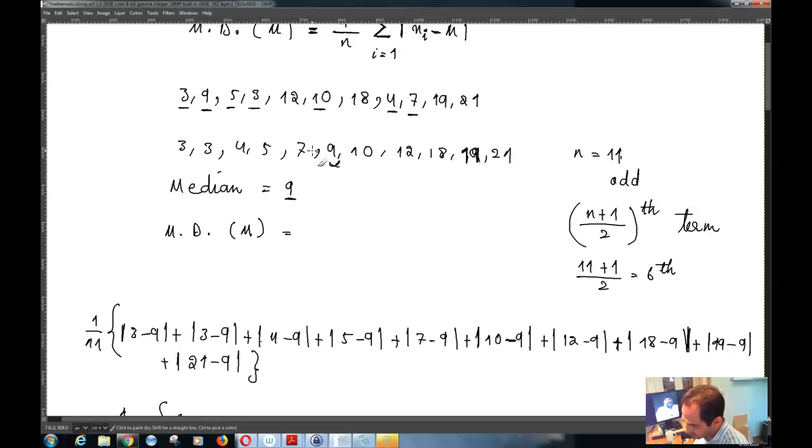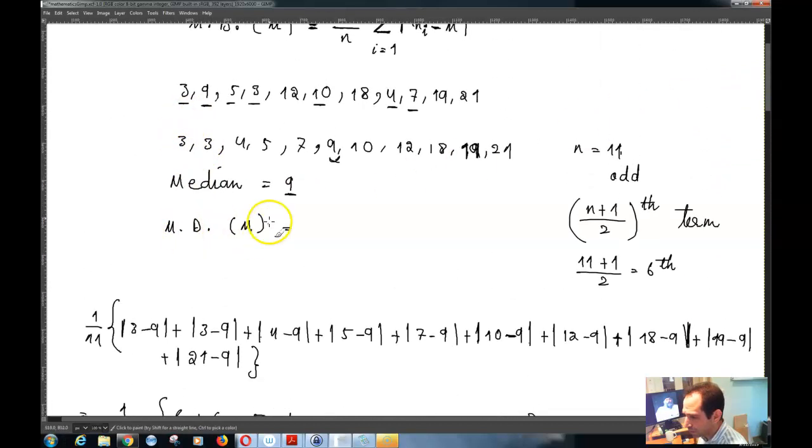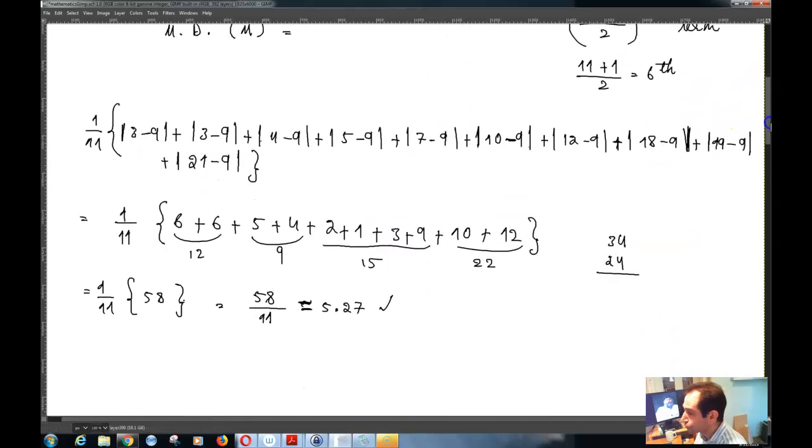You can use those numbers to calculate, for example, the mean deviation about the median, or the mean deviation about the mean, and so on. Then you don't have to do all of this calculation by hand.